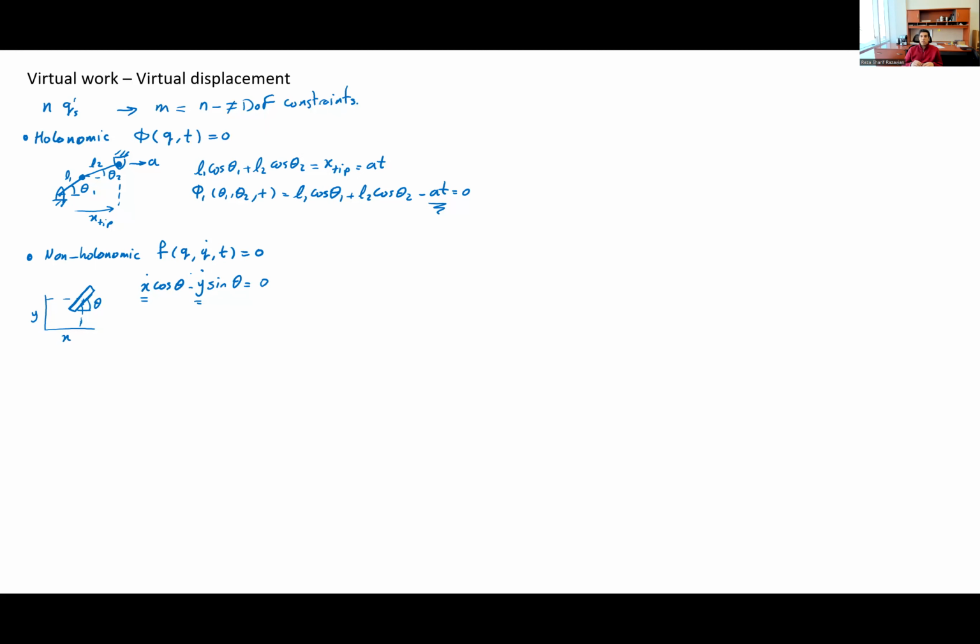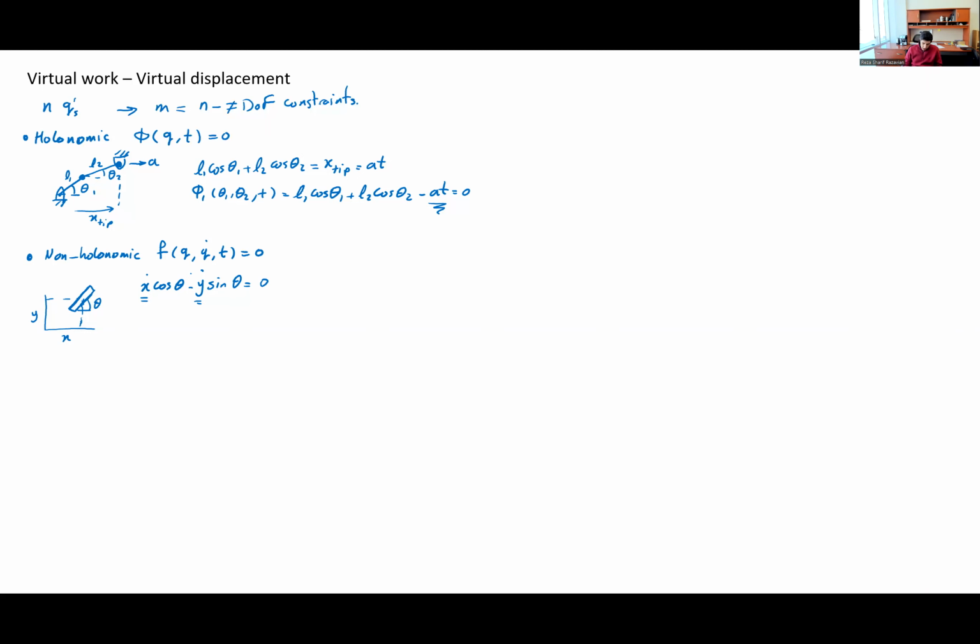So you cannot take this integral. Depending on the trajectory of theta, the integrated value of this function would be different. That's why you cannot reduce this to any position level constraint.